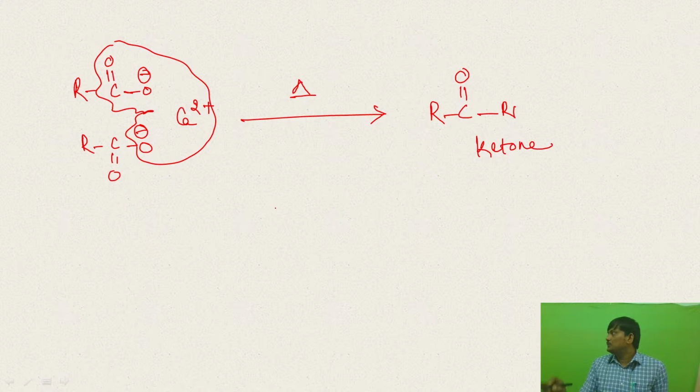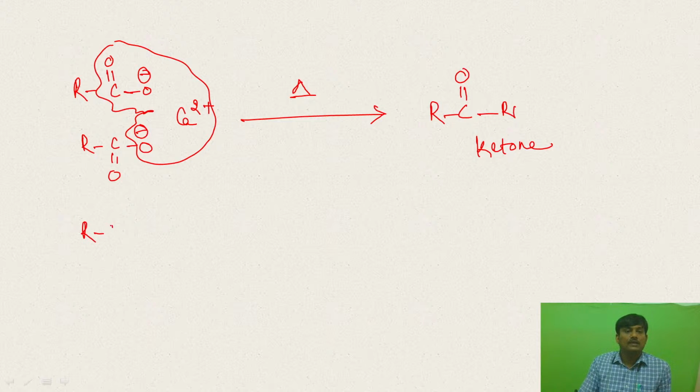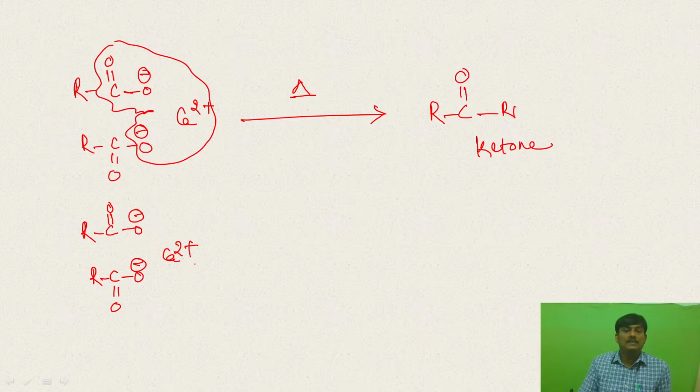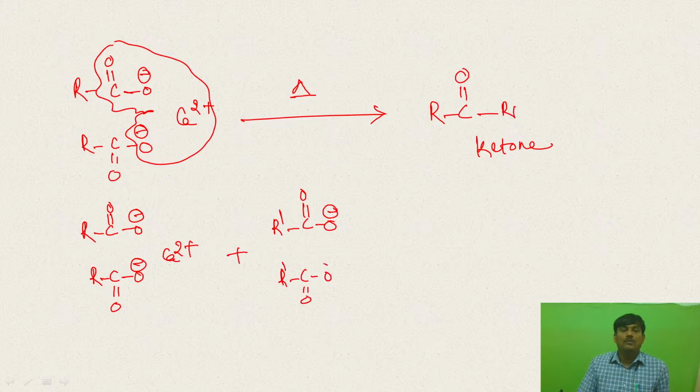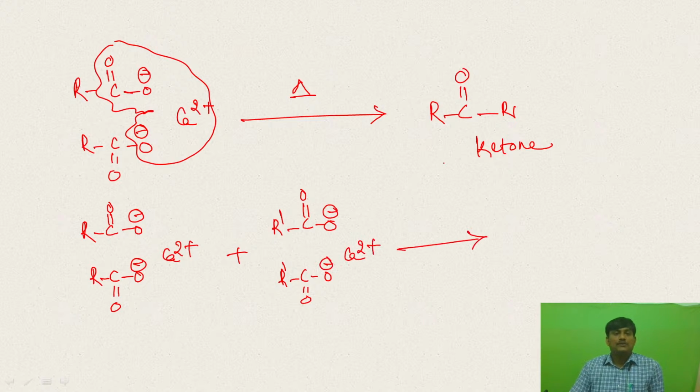Suppose you take two different carboxylates, RC double bond O minus and Ca2 plus. Let's take another carboxylate, R dash C double bond O minus, so you are taking a mixture of two different calcium carboxylates.